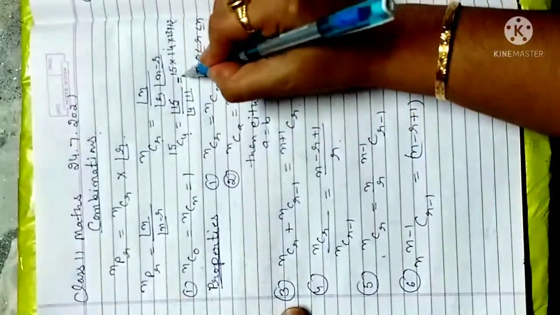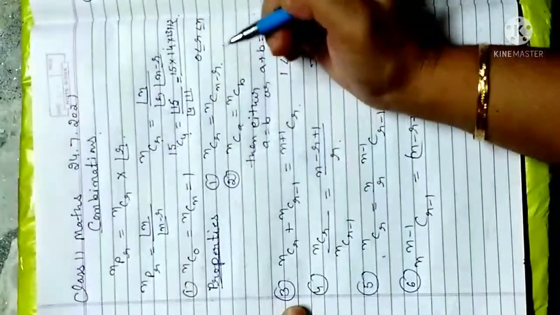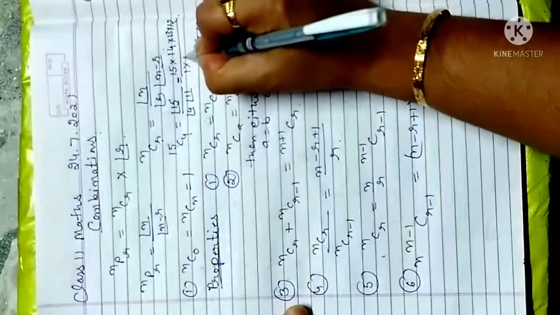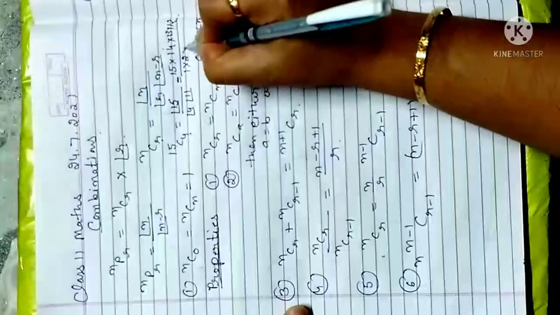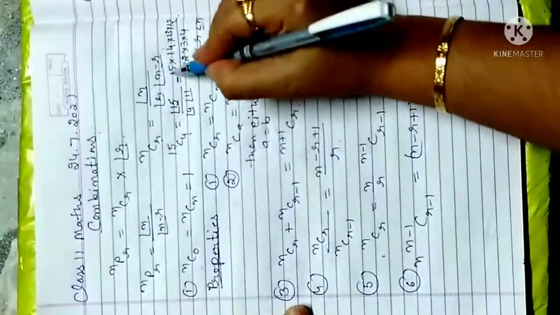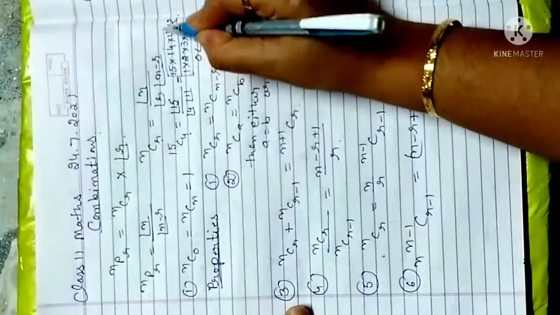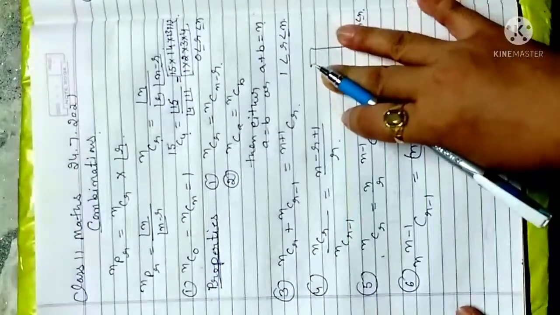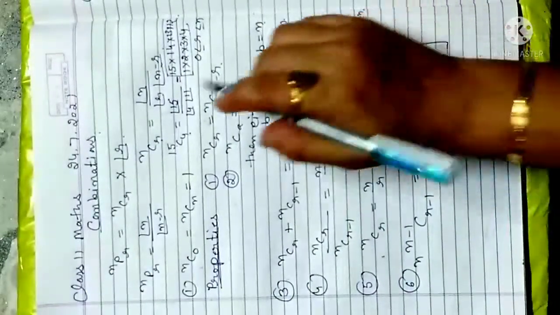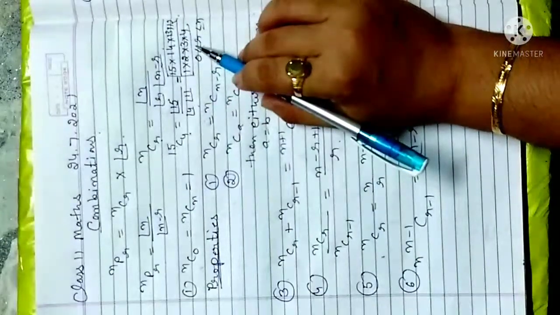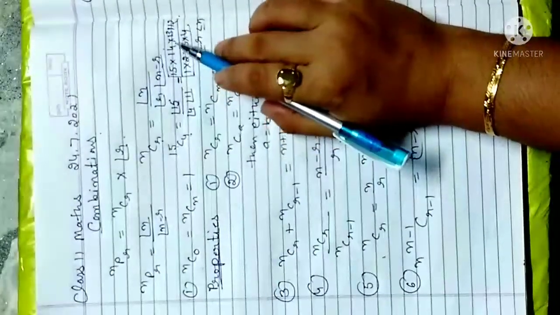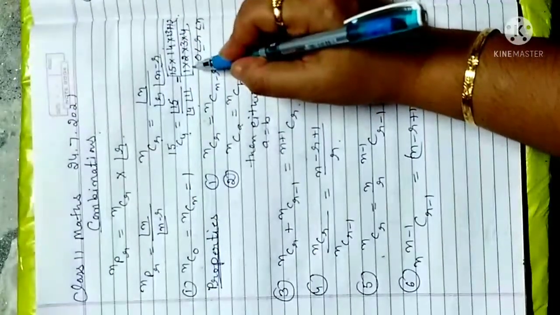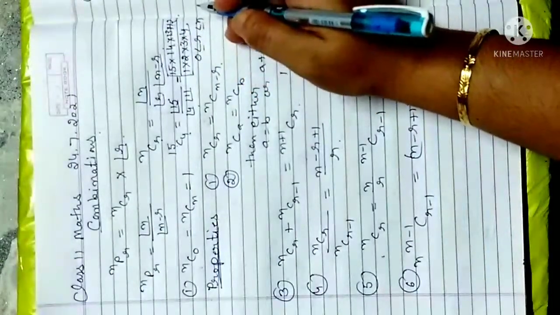And whatever number is written in the denominator, 4, you multiply from 1 to 4: 1 into 2 into 3 into 4. So you can go without the formula or with the formula, factorial 15 by factorial 4 into factorial 11, because when you expand it you get the same thing: 15 into 14 into 13 into 12 over 1 into 2 into 3 into 4.